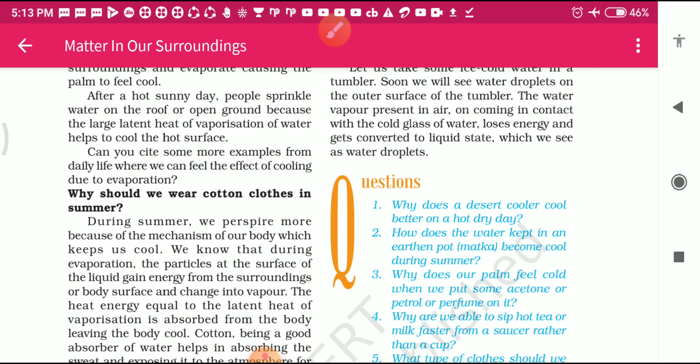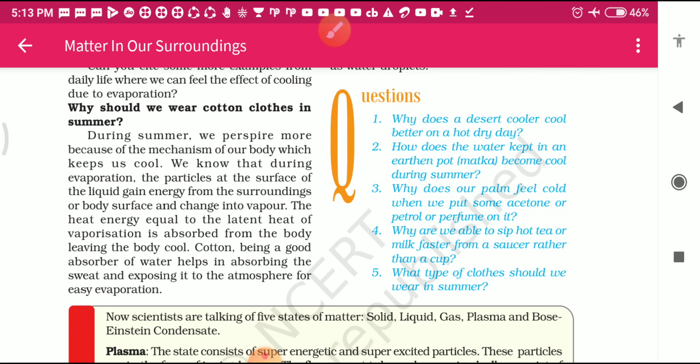Now students, in the next paragraph, why should we wear cotton clothes in summer? During summer we perspire more. Perspire means sweat more, because of the mechanism of our body which keeps us cool. We know that during evaporation, the particles at the surface of the liquid gain energy from the surroundings or body surface and change into vapor.